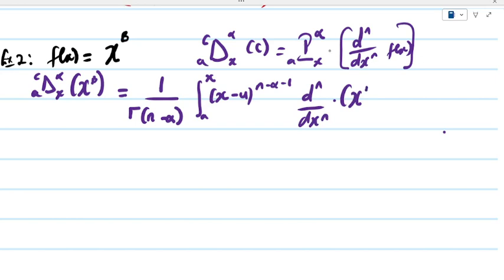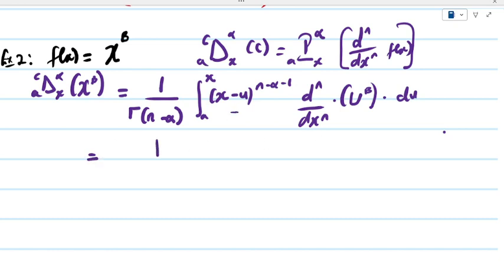So now we have our f of u, that will be u raised to power b, then du. That's according to our integration.